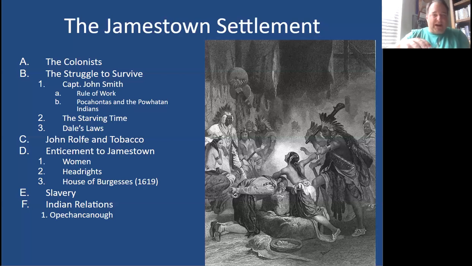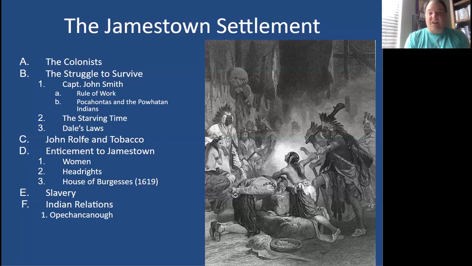Now, they'd actually spread out beyond Jamestown. There's other little settlements being established as well, but I still refer to the whole complex as Jamestown. The company was going to pay the passage of women going over to the New World as prospective wives.